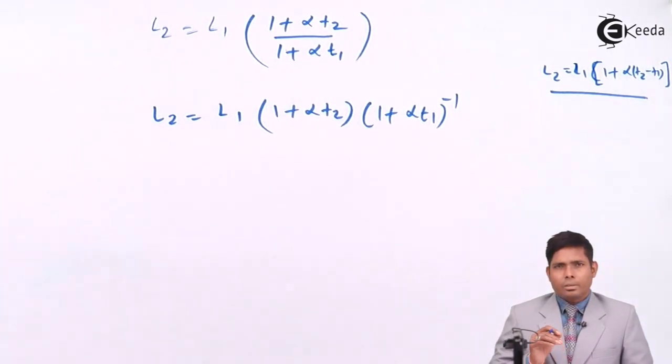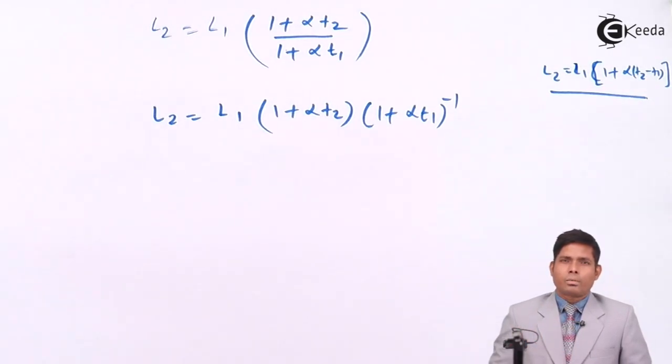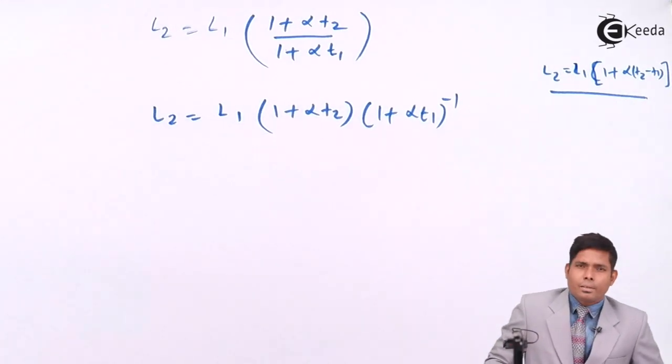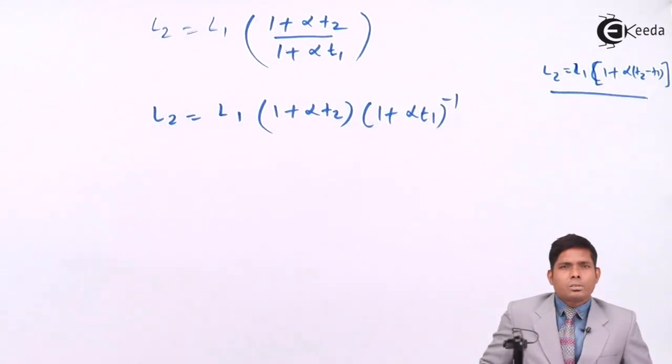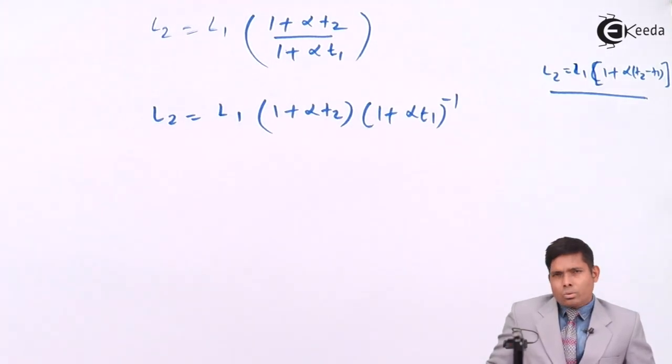Only when the material changes will alpha change. Another thing you must know about alpha, which we have discussed, is that alpha is a very small number, of the order of 10 raised to minus 5 or 10 raised to minus 6. So 10 raised to minus 5, you can imagine, is a very small number.